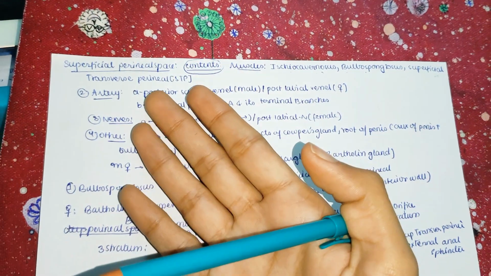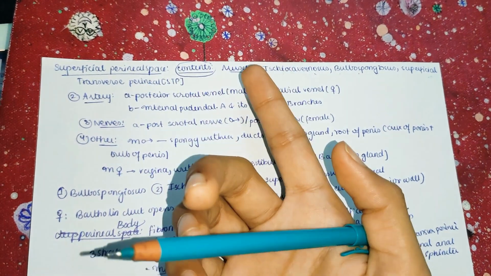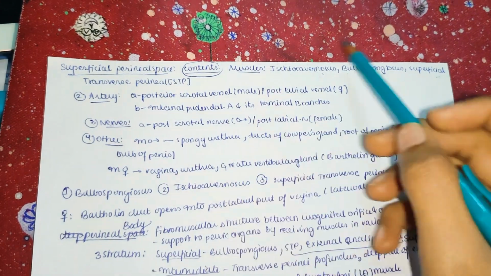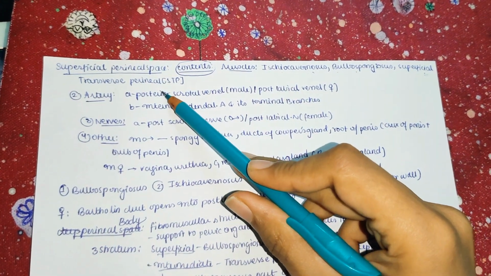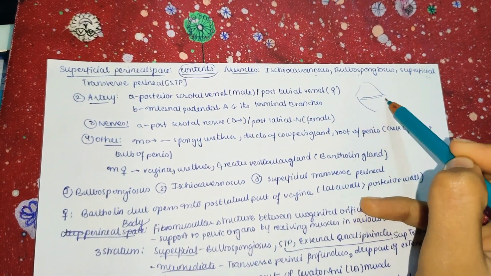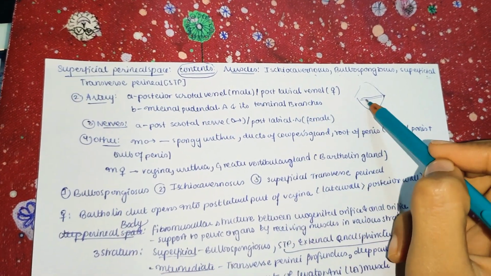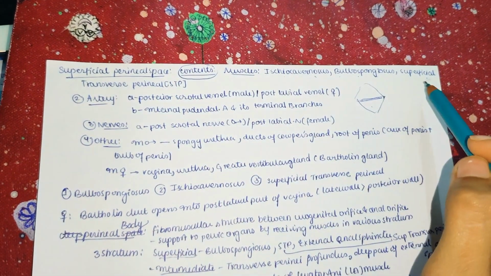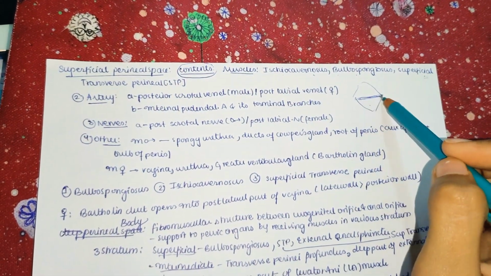They are superficial. Ischiocavernosus is on the sides of the penis, bulbospongiosus forms the penis, and the superficial transverse perineal will be in between the urogenital triangle and the anal triangle. In between you have a superficial muscle, the superficial transverse perineal muscle.